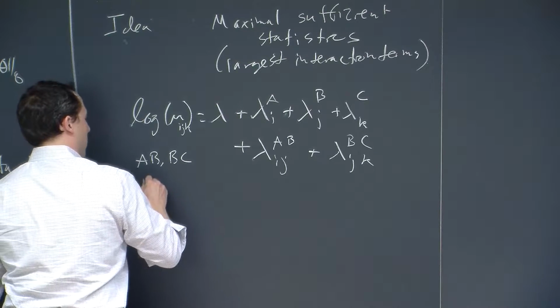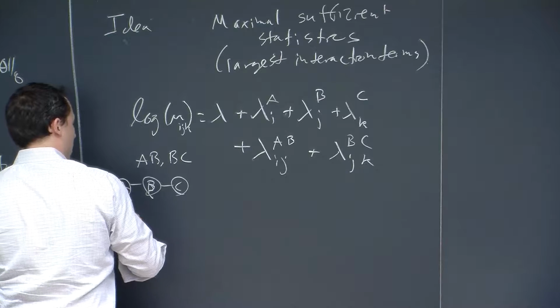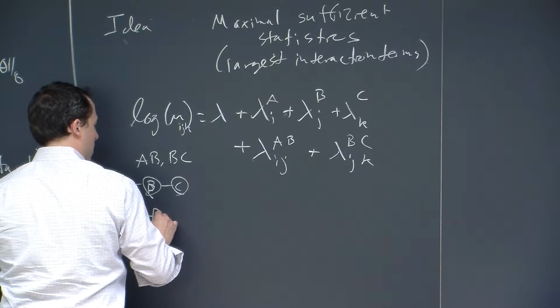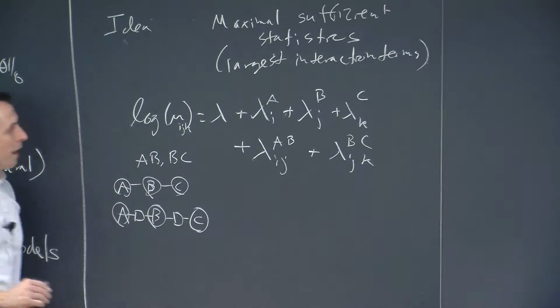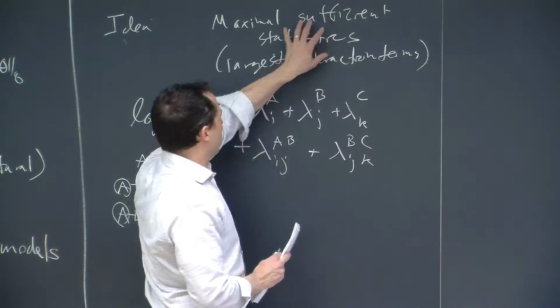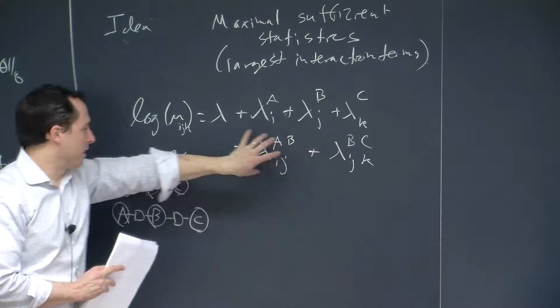Whereas a graphical model, which maybe we'll talk about towards the end of today or next time, ABC. Or if I want to sort of draw in these factors, A, B, C. And the sufficient statistics, the largest sufficient statistics, are the interaction terms. So we want to focus the analysis on these.